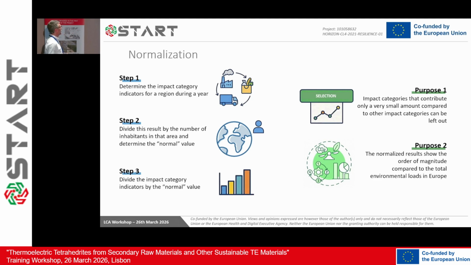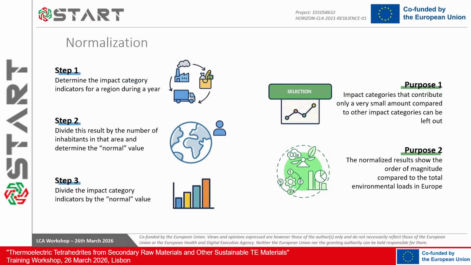So normalization, as I explained a bit before, but just very quickly, is a method used to divide the environmental impacts that occur for a product, for instance, by the average impact that a citizen has during 1 year in that same category.